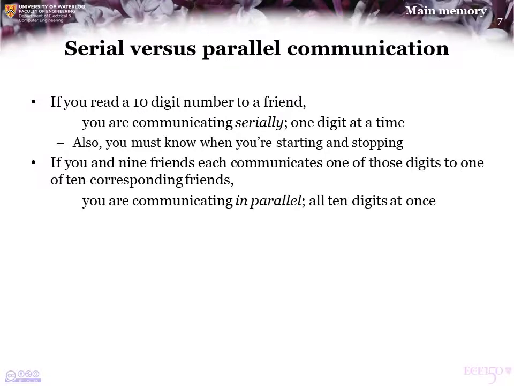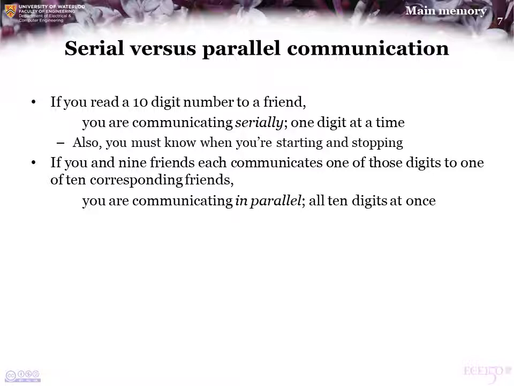However, suppose instead you have yourself and 9 friends, and each of you communicates one of those digits to one of 10 corresponding friends. At this point, each of you only has to pass one digit to the corresponding person. And then, if each of you are speaking simultaneously, assuming you can hear over each other, you can communicate all 10 digits at once.